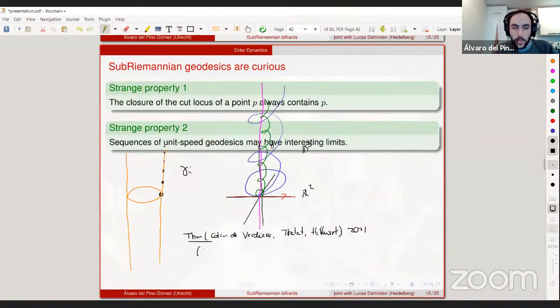It says the following: if you have any contact manifold, so a manifold of dimension 3, let's say in this case, with a plane field of dimension 2 that is bracket generating at every point, then subriemannian geodesics spiral around the Reeb orbits.